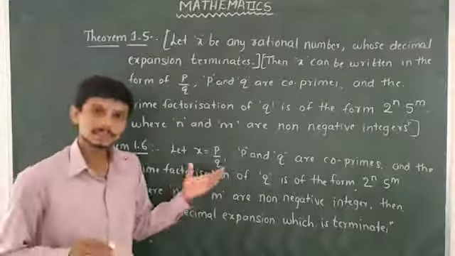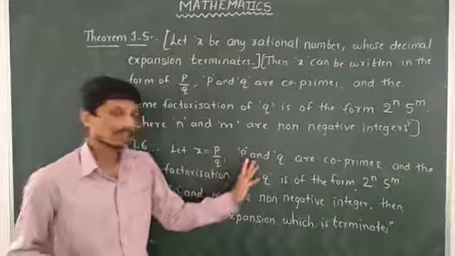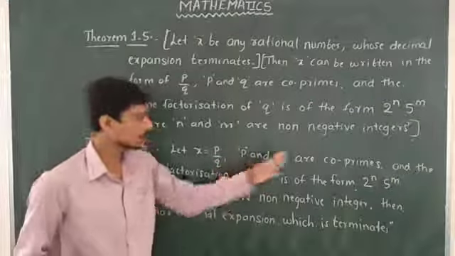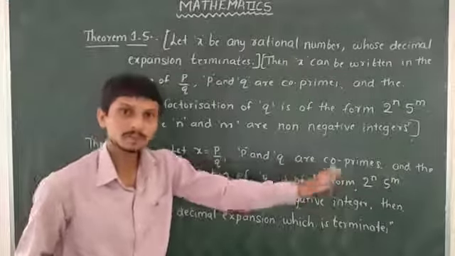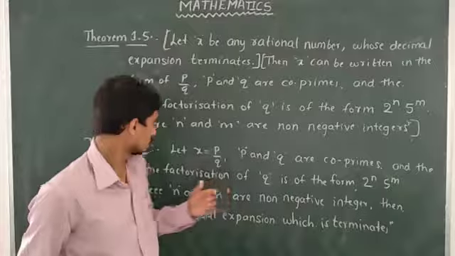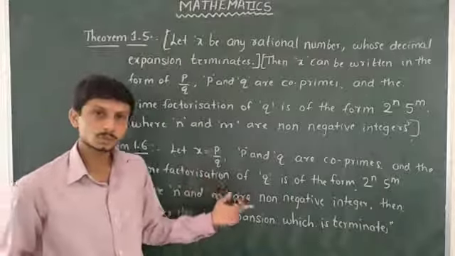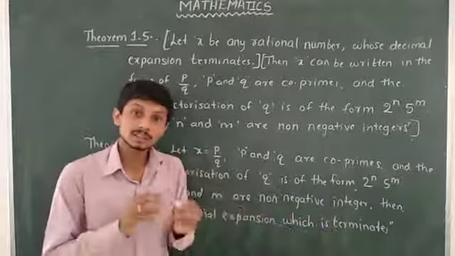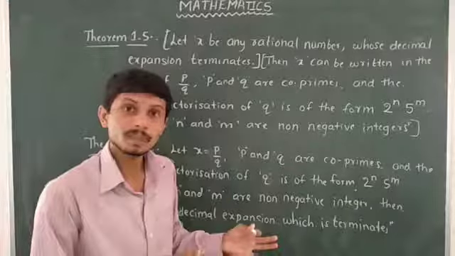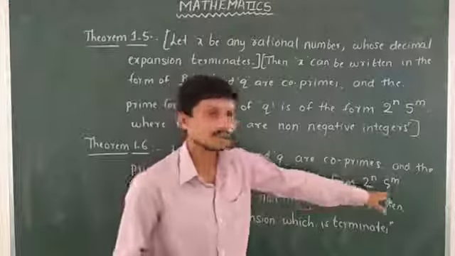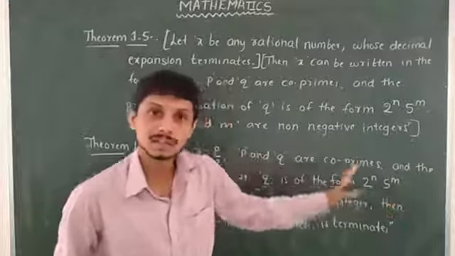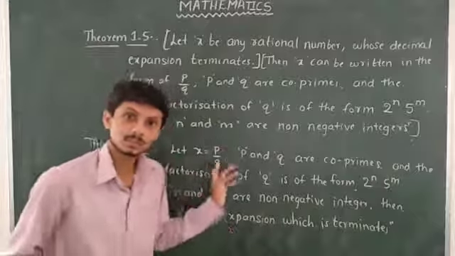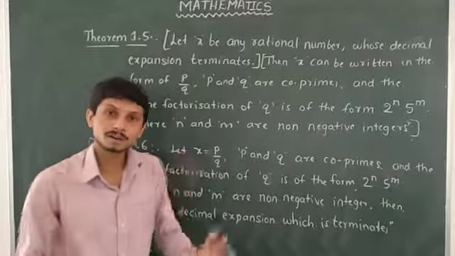Theorem 1.6 tells us that when x is a rational number, x is equal to p by q, where p and q are co-primes and integers, and the prime factorization of q is of the form 2 raised to n into 5 raised to m, then the rational number always terminates.